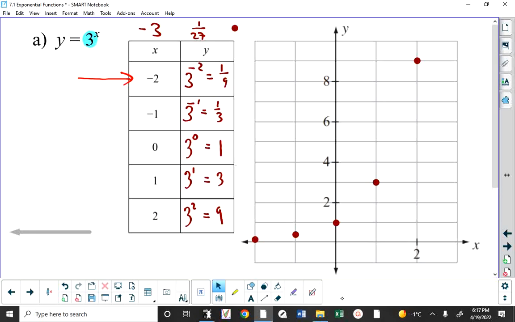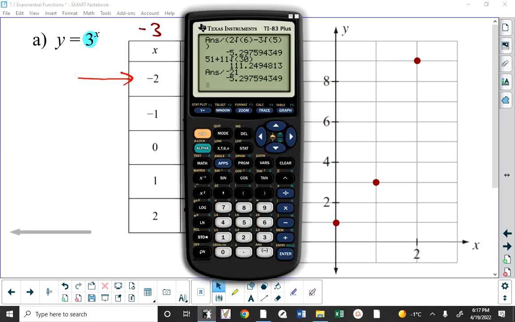For example, on my calculator, 3 raised to the negative 8. What kind of number is that? It's 1.5 times 10 to the negative 4, which is 0.00015. It's very, very tiny.